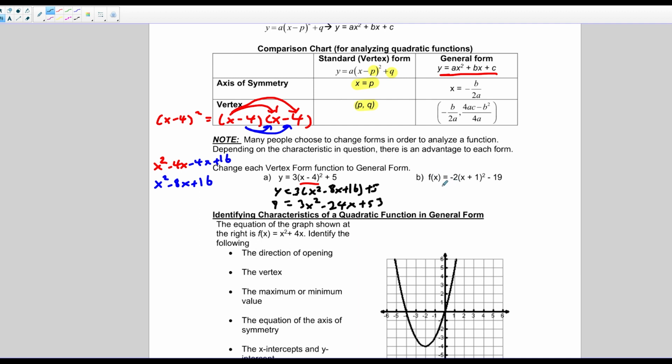You might want to take a second, pause the video, and try out the second one on your own, and then unpause and check your work afterwards. So this one will have negative 2x squared minus 4x minus 21.